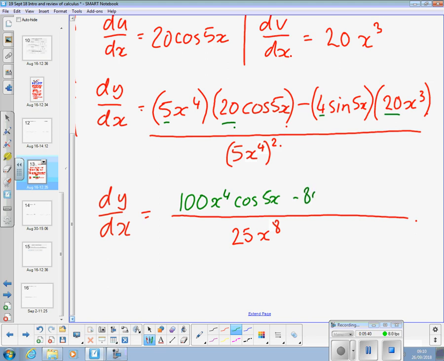Minus 80 sine 5x times x to the 3. Well, you can put it that way round if you prefer it: 80 x to the 3 sine 5x.